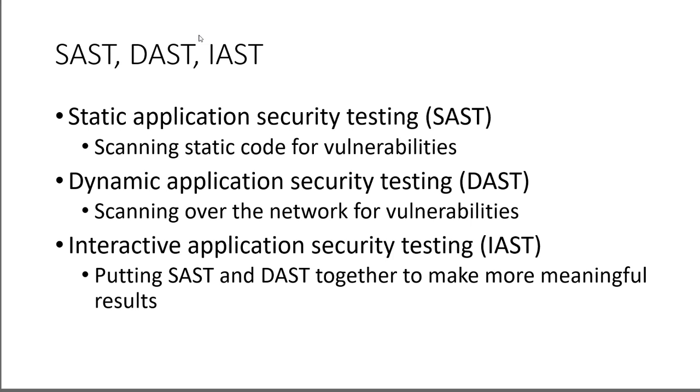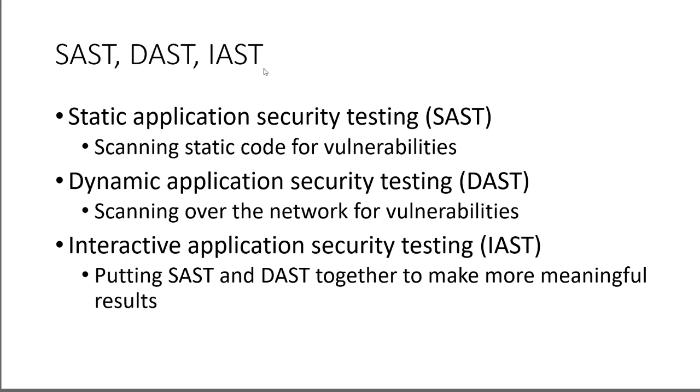There are different types of application security scanning or testing, and as you can see on the screen, SAST, DAST, and IAST basically are the scanning testing methods that we have. SAST, or static application security testing, is basically a type of testing that would look into the source code of the application.